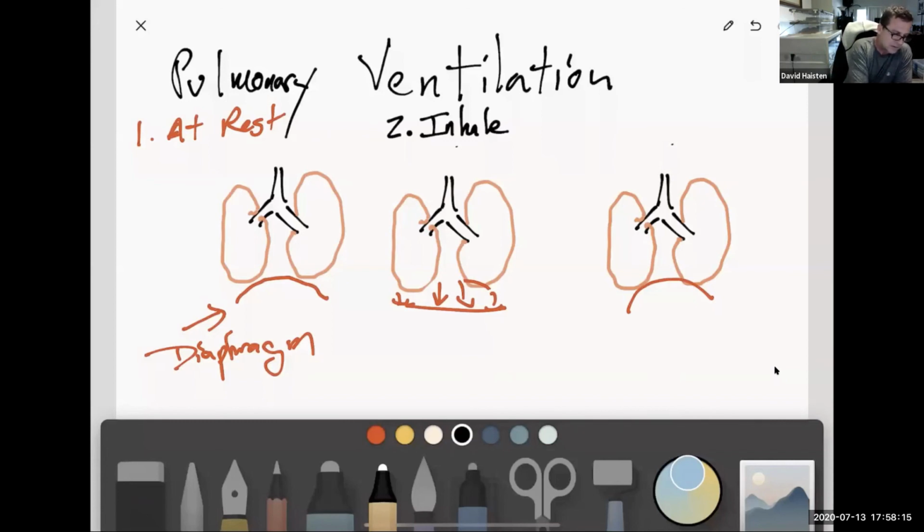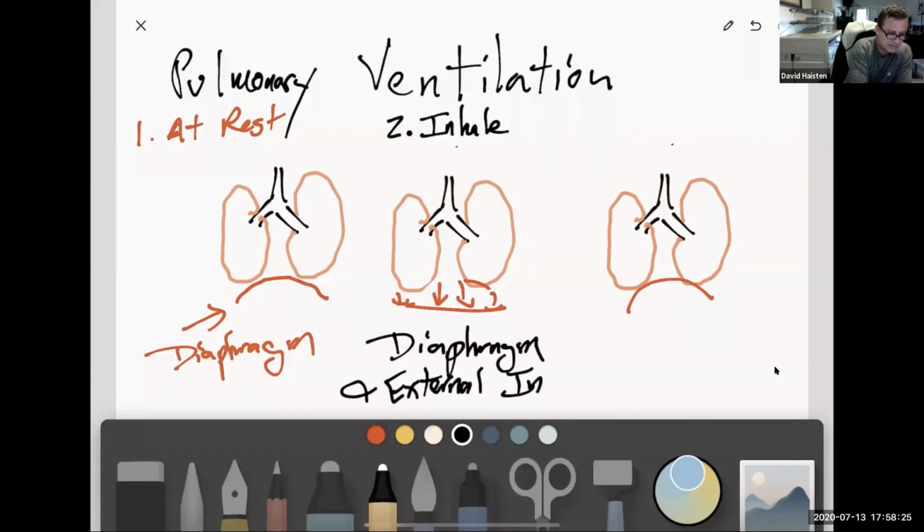Inhale. Diaphragm and external intercostals contract. So thoracic cavity expands.